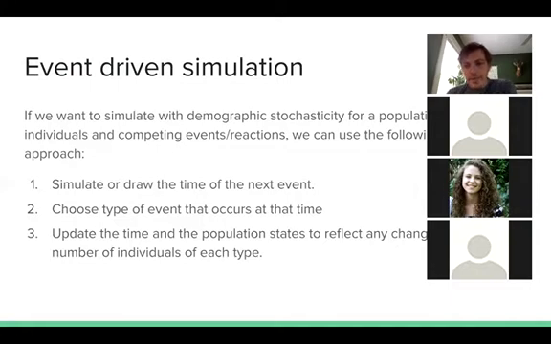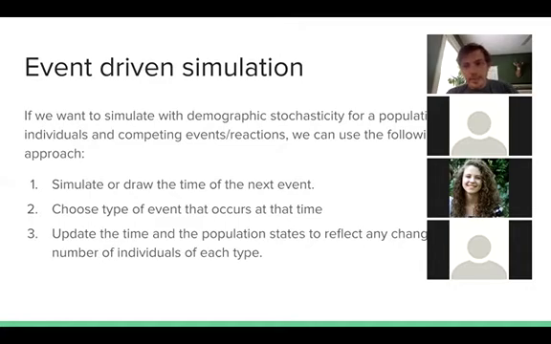So what we have then is a system where there's multiple competing processes. There's sort of dueling processes going on in the background. We can either have the next event in our population be a transmission event, or it can be a recovery event. So in order to simulate under such a model, we have to have a way of deciding when the next event occurs and then what type of event occurs at the next time step.